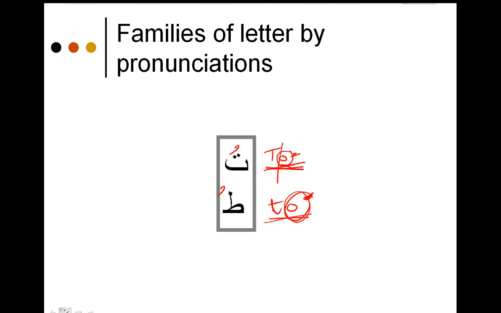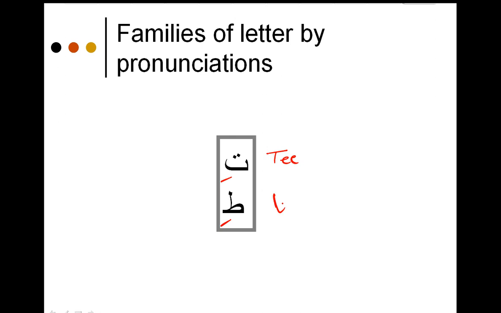If we continue and take the last case, where it's a kasra. Here it's ti, and here it's a heavier ti. I'll maybe get a weight to make it heavy.